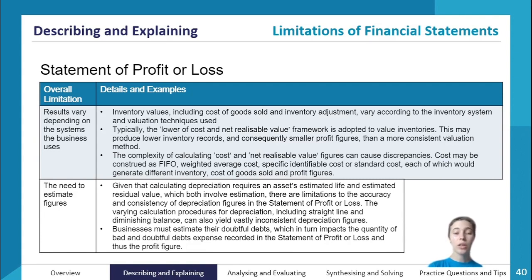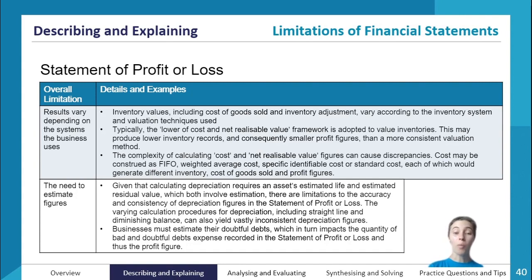Typically, businesses are going to use the lower of cost and net realizable value framework to value their inventories, and this can produce lower inventory records and show smaller profit figures than a more consistent valuation method. So that can be a limitation.